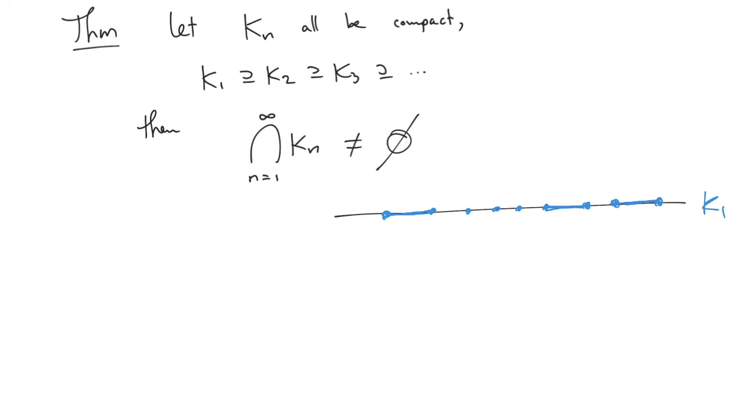That's K1. K2 should be a smaller compact set. So maybe this part of it has been shrunk down a little, and this part maybe is the same. Maybe it only uses 2 of those points, and maybe right here, instead of that, it does some weird kind of 1 over n type thing where the points all converge to this one on the left. All right, 1 over n but it does include the limit point. That's what makes it compact. Maybe this is K2.